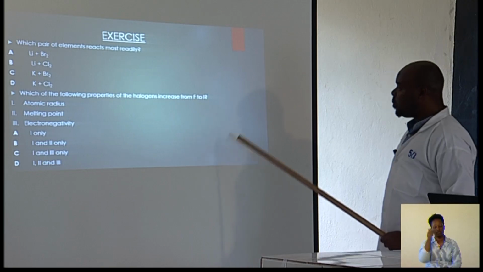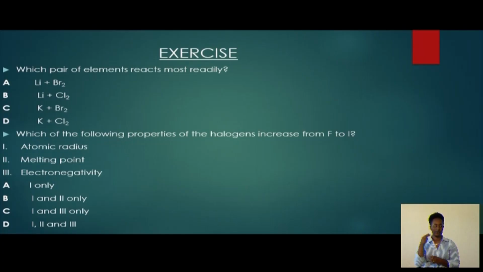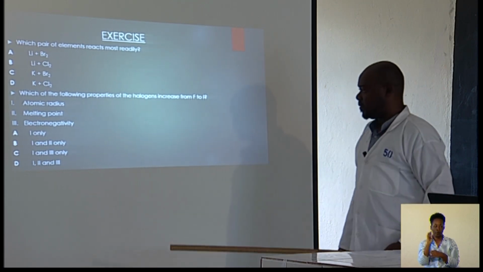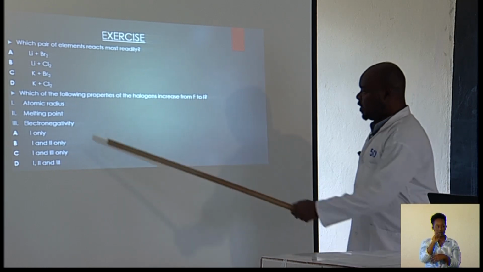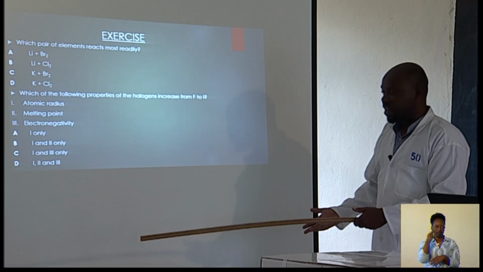Which of the following properties of the halogens increase from fluorine to iodine? We have the atomic radius, melting point, and electronegativity. Is it the atomic radius only? You have to suggest the answer.